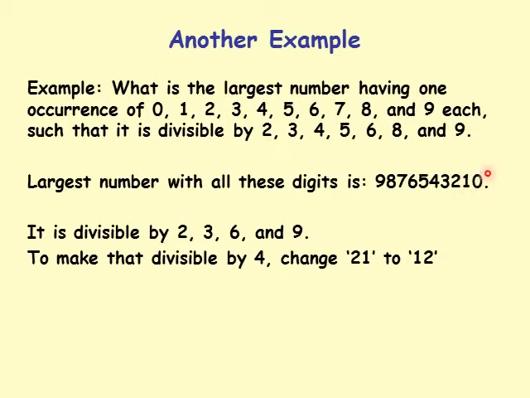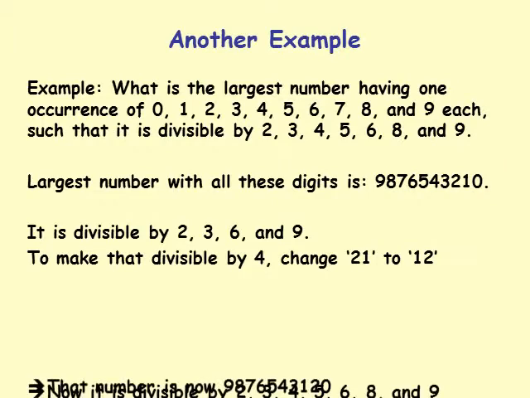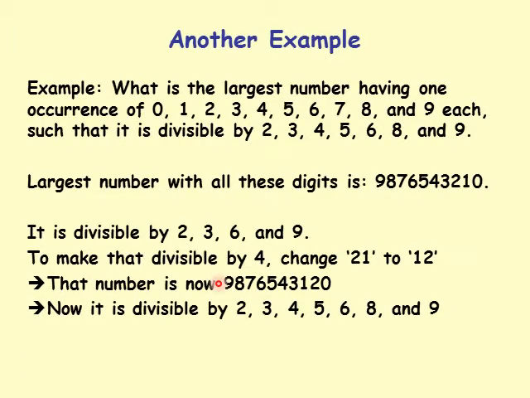But if I change that to 20 by interchanging 2 1 to 1 2, then that's divisible by 4 also. That number, after the exchange, is 9876543 instead of 210, we have it now 120.